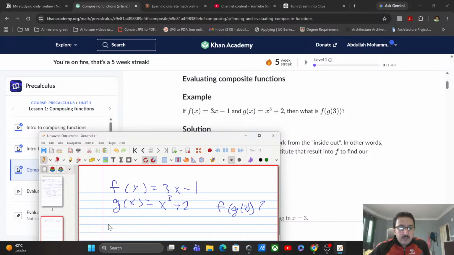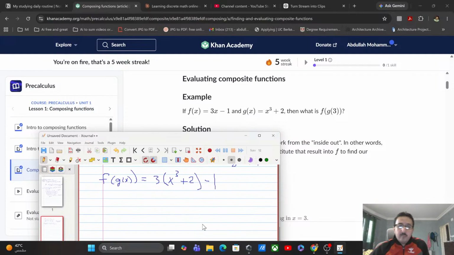So if g(x) equals 3 times x cubed plus 2 minus 1, which gives 3x cubed plus 6 minus 1, and this is going to be 3x cubed plus 5.